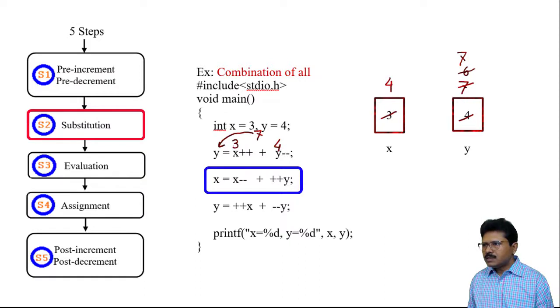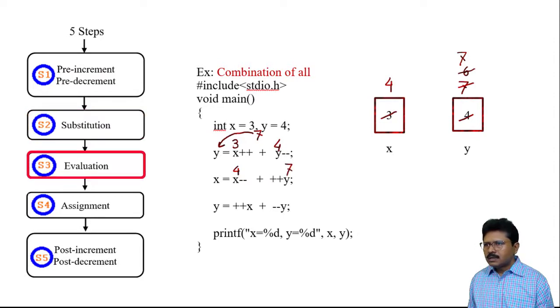So x will be substituted by 4 and y is 7. Next evaluation, 4 and 7 will be added and the ultimate value is 11. Next assignment, this 11 will be assigned to x. So now the value of x is 11.